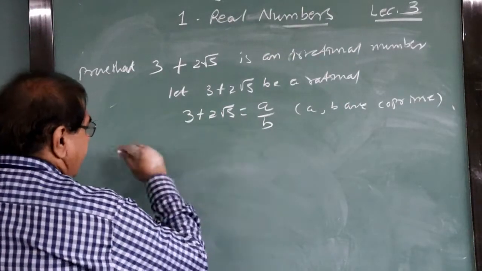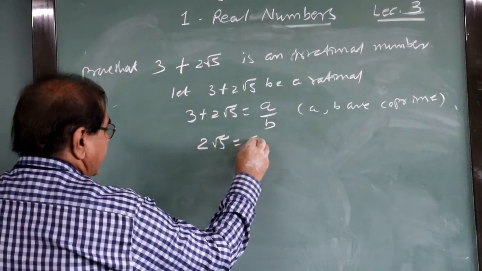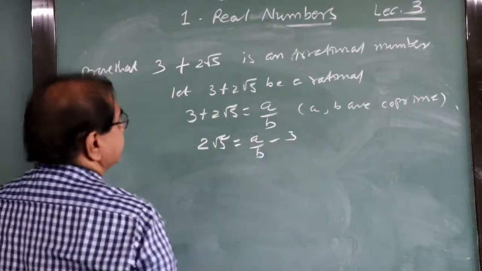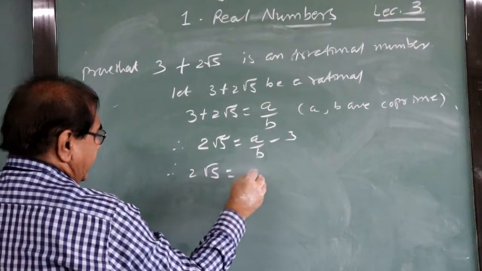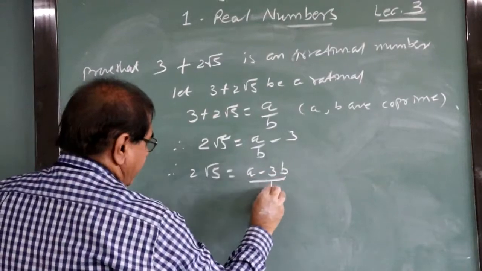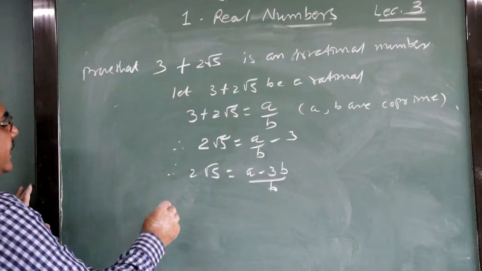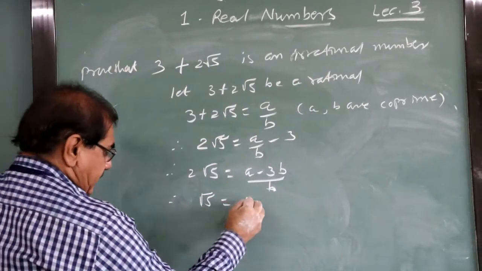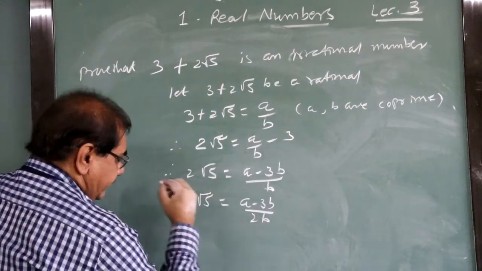Now, what do I do? 2 root 5 is equal to A upon B, plus 3 changes the side, becomes minus 3. So, therefore, 2 root 5 is equal to A minus 3B upon B, taking LCM B. Therefore, root 5 is equal to A minus 3B upon 2B.